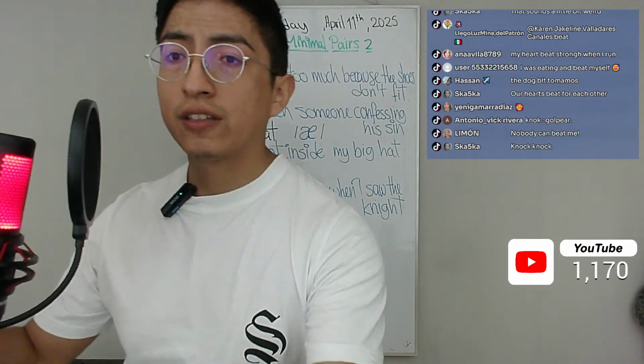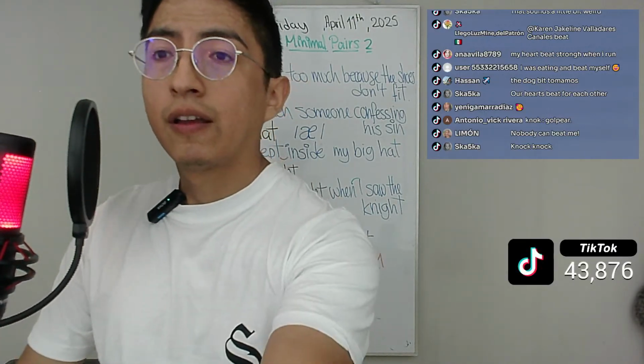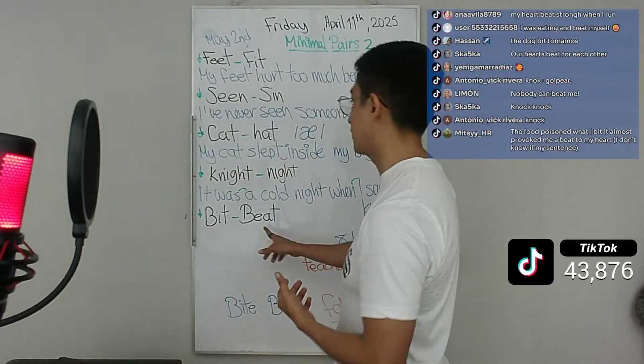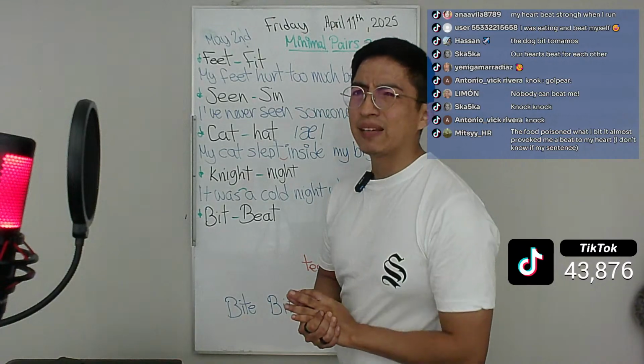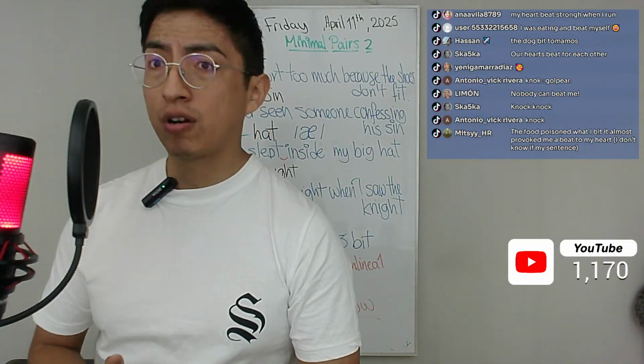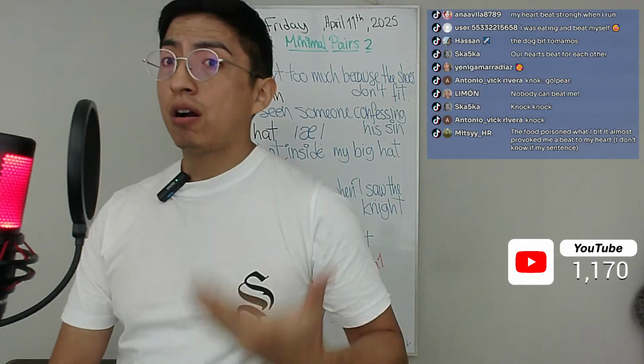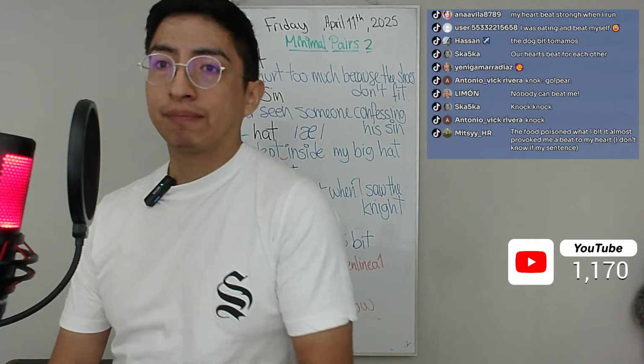Let's continue reading your sentences, guys. Let me take a bite. Beat has a long sound. Very good. I can hear the beat. In this case, you can say the beating, maybe, or your beats. The beats of your heart. I can hear your heart beating.